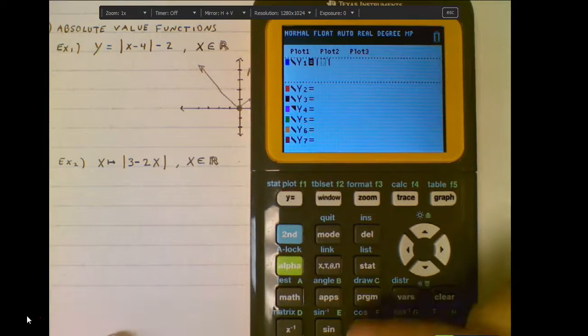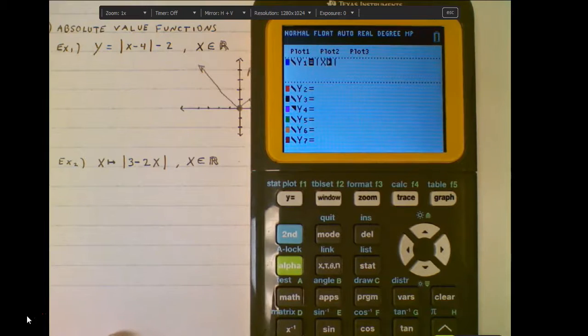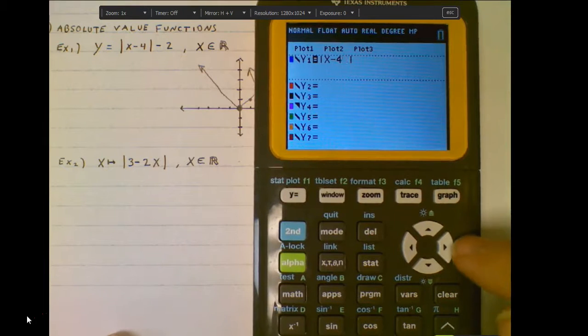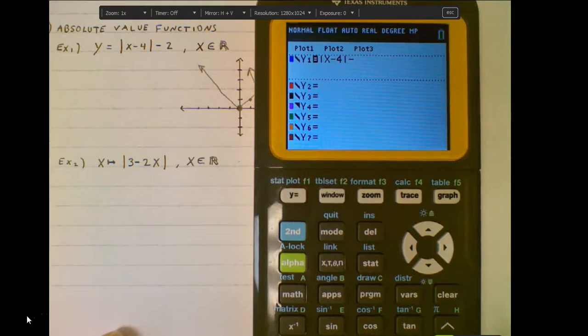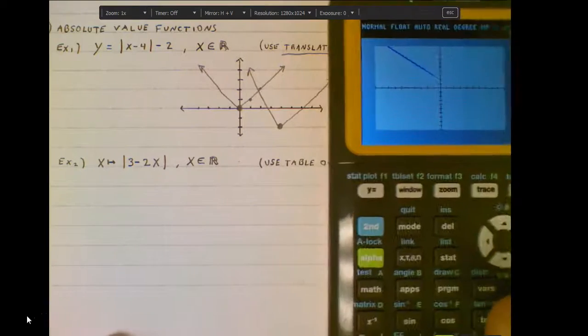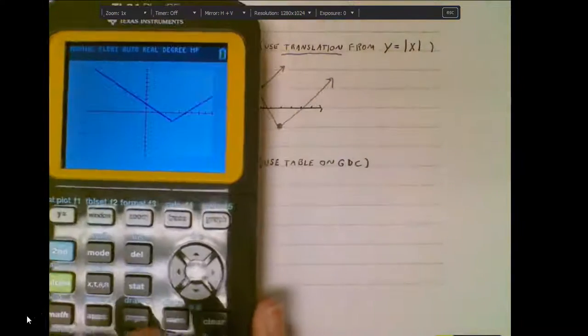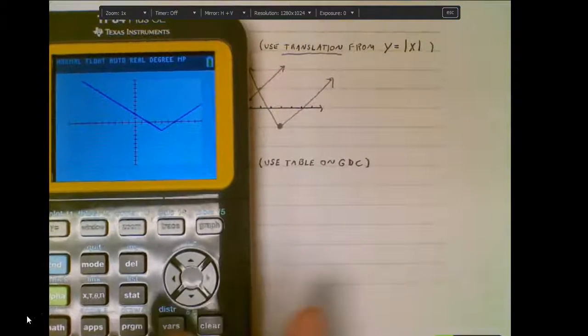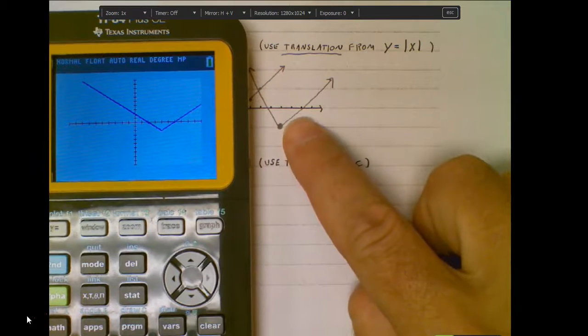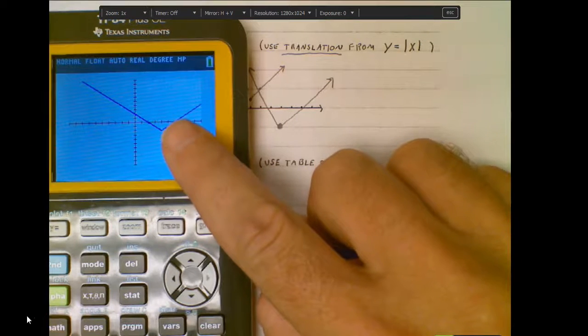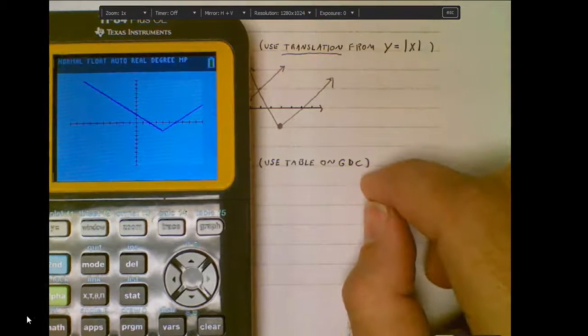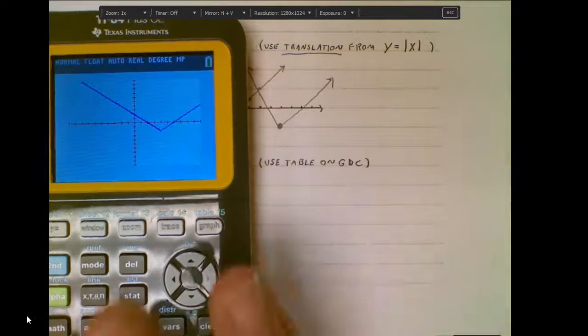Now I can put in my x minus 4, and I hit to the right so that I can get out of the bars to throw in my minus 2. And there's the graph, and if I hit graph, you'll see that I'm getting the same one, the same one on the screen that we did by hand. You can see it was shifted to the right 4 and down 2, just like we expected. And so that's another way of being able to look at a graph like that.